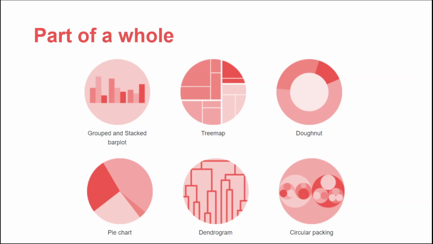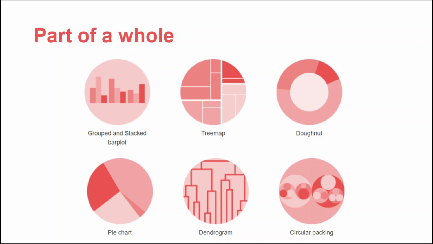The part-of-a-whole plot shows the significance of a particular part of the data compared to all the parts. One such example is a pie chart, wherein every portion shows its proportion with respect to the other parts of the data, right?